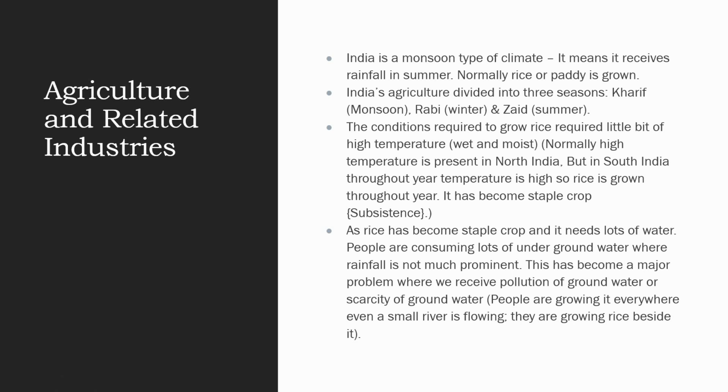Even while exploiting groundwater, if contaminated toxic particles go down into the groundwater, it is harmful for us. So this has become a major challenge for growing rice, because it takes lots of water. The process for growing rice is that first you sow the seed in a particular field where waterlogging should be present.